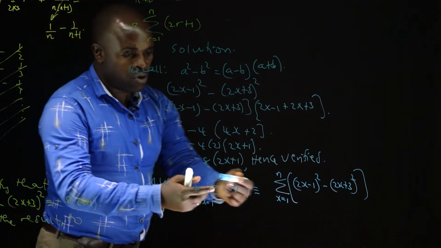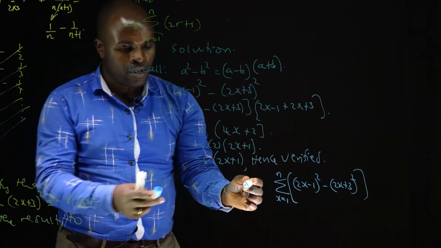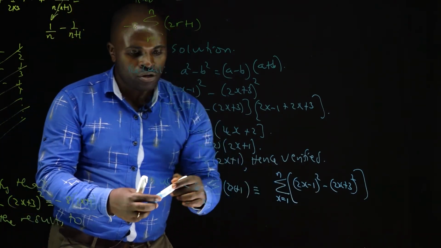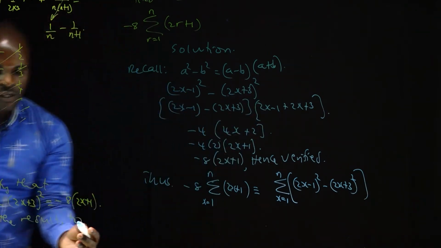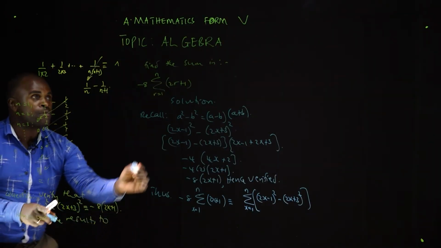So we make that proportional equivalence trick. What the question is asking is to find the sum of this expression. Use the result to find the sum.